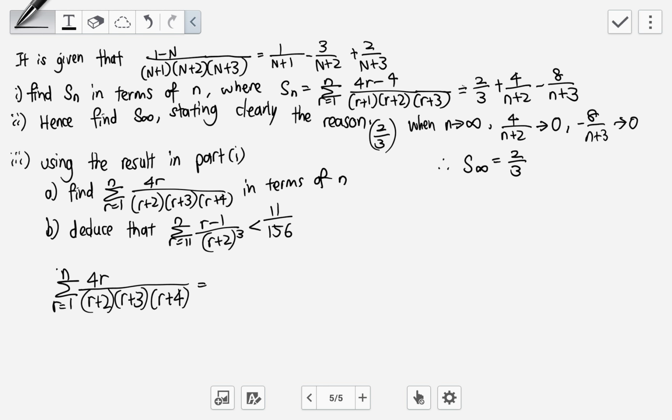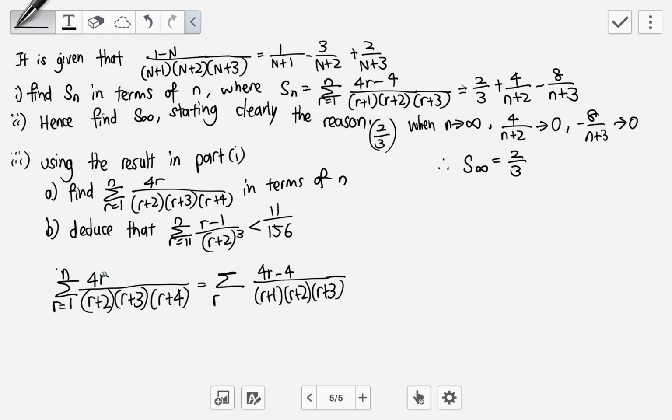I recognize that the first term for this is 0. So I must make sure that this one gets, if I'm going to use this expression, 4r minus 4 over r plus 1, r plus 2, and r plus 3, what should my number be?